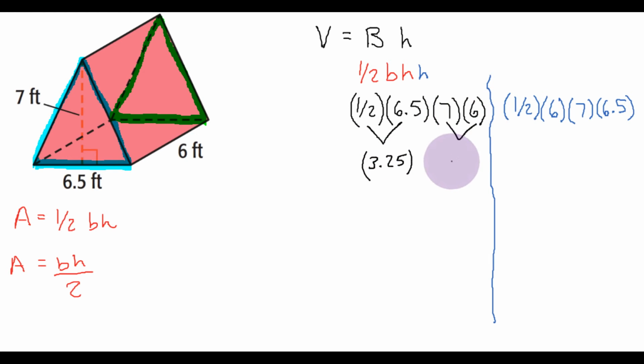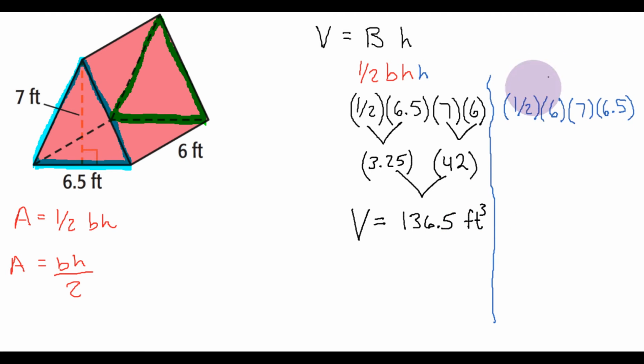And 7 times 6 gives us a value of 42. Cool. From here, I can multiply 3.25 and 42 together to get 136.5. Now let's go ahead from here, plug in that V below. I'm going to put a capital V in for volume. Volume is equivalent to 136.5, don't forget your units, feet. In this situation, since we're finding the volume, it's feet cubed.